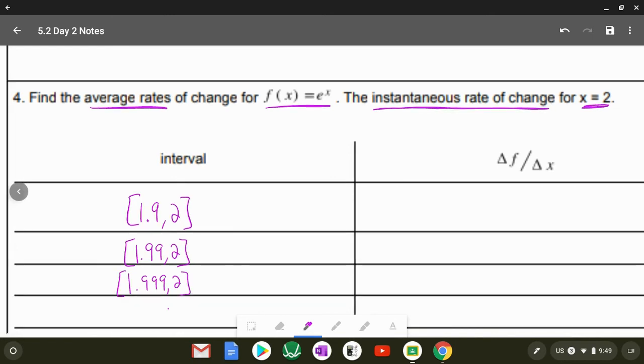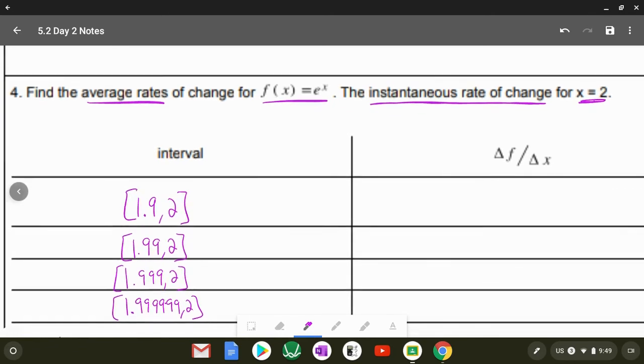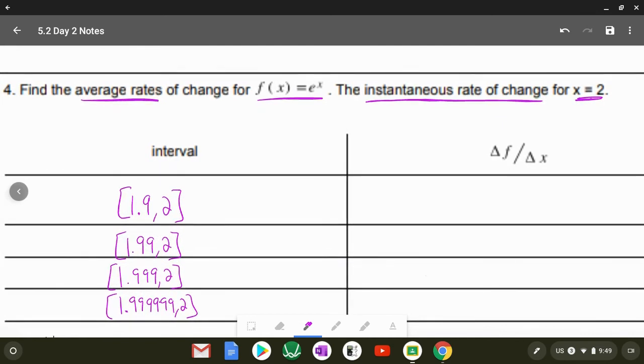After that, we're going to get really specific and do the interval 1.99999 to 2, so that we get an interval that is very close. So that interval has been closing in on a certain point, like we talked about on that graph.